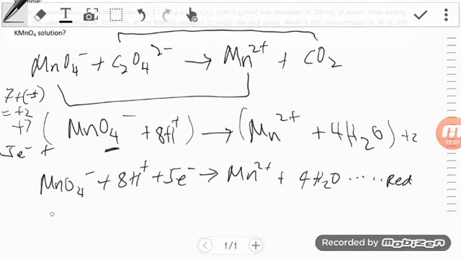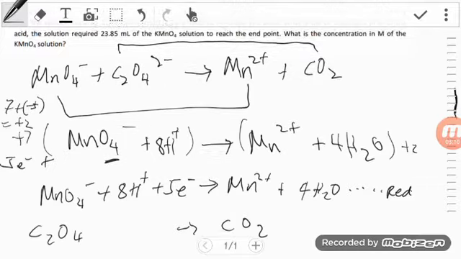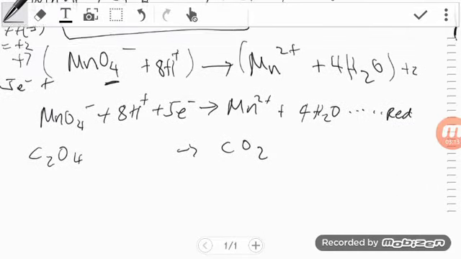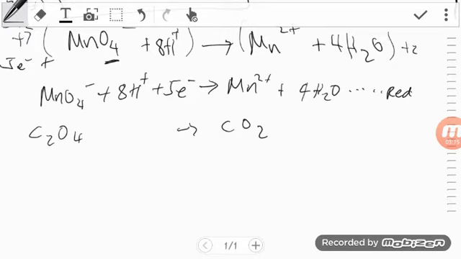So for oxalate, we're first going to balance, so we're going to put 2 CO2, and then since the number of hydrogen or oxygen are equal, we are just going to add electrons, which should be 2.